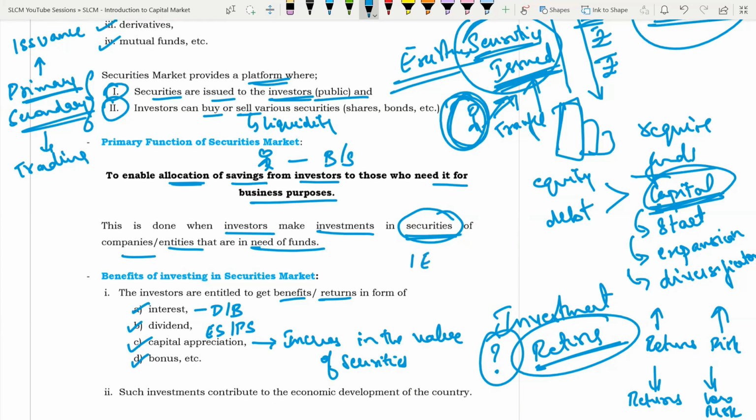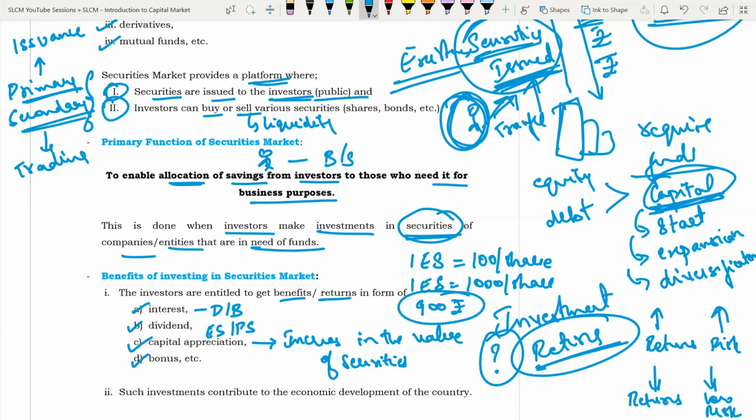When you bought one equity share of a company, you had paid 100 rupees per share. Now, when you're going to sell that particular security in the secondary market, the same one equity share is worth 1000 rupees. So your capital appreciation or increase in the price is 900 rupees. So this is the profit that you will make.